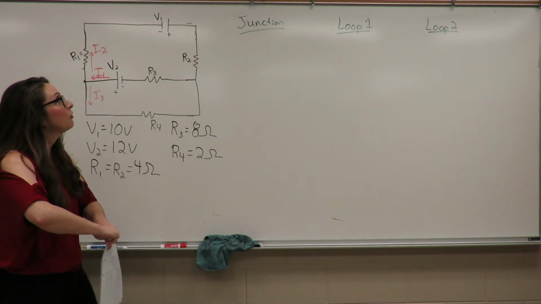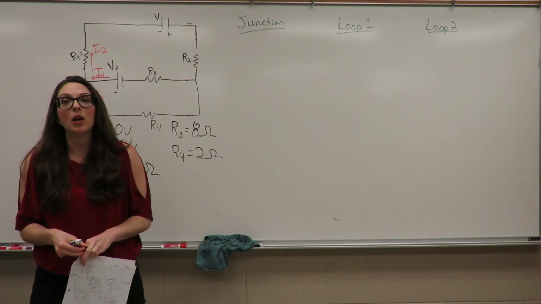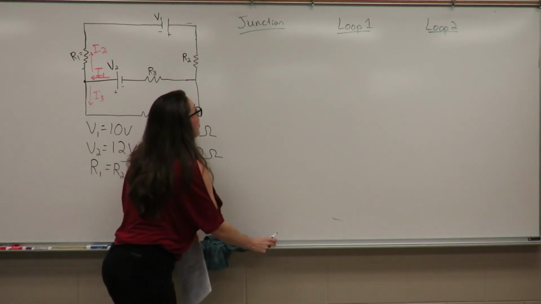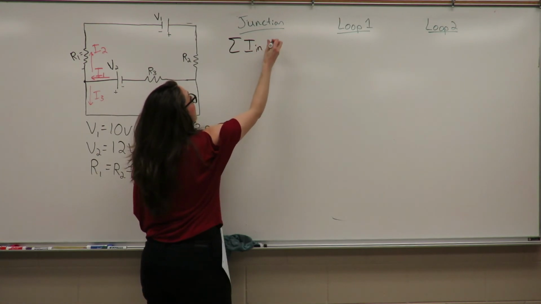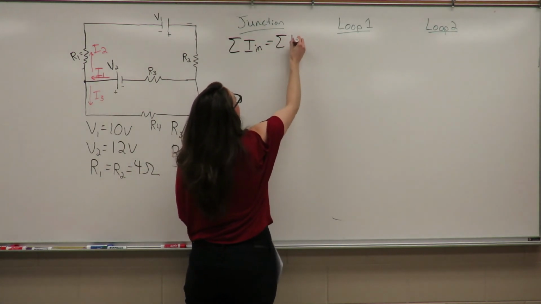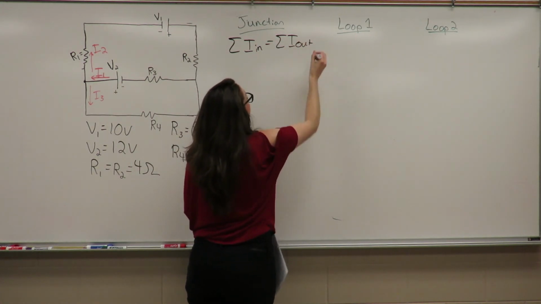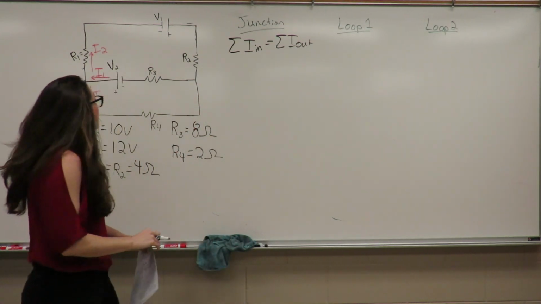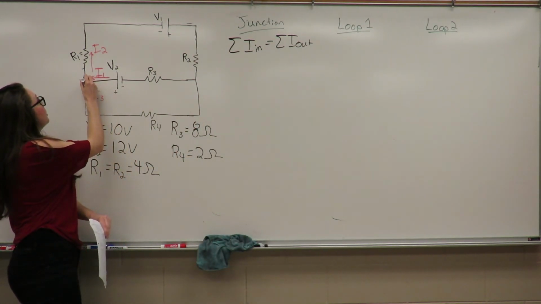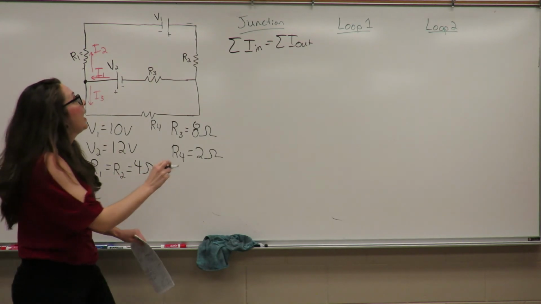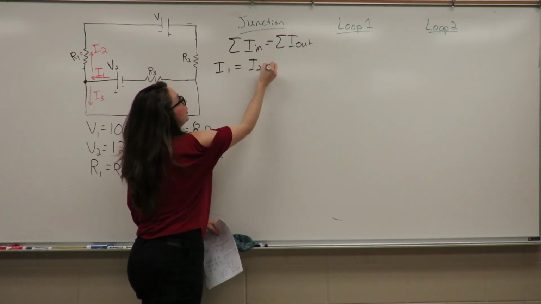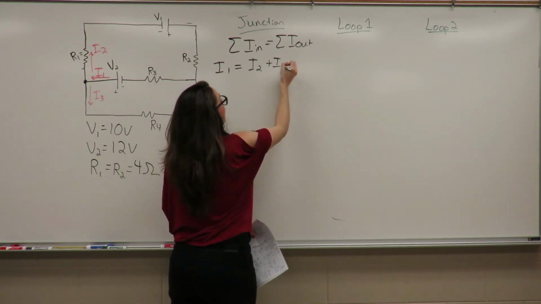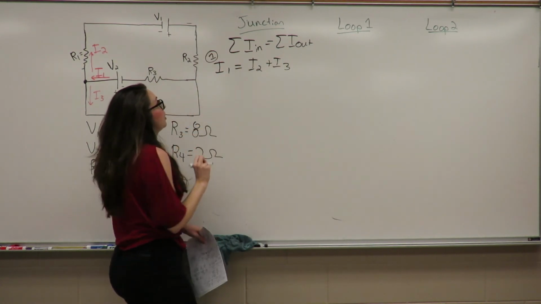Kirchhoff's first rule is sometimes called the Junction Rule, and that says that the sum of all of my currents coming into my junction must equal the sum of all of my currents coming out of the junction. So if I'm looking at this particular junction right here, I see that current I1 has to equal I2 plus I3, and I'm going to call that equation 1.